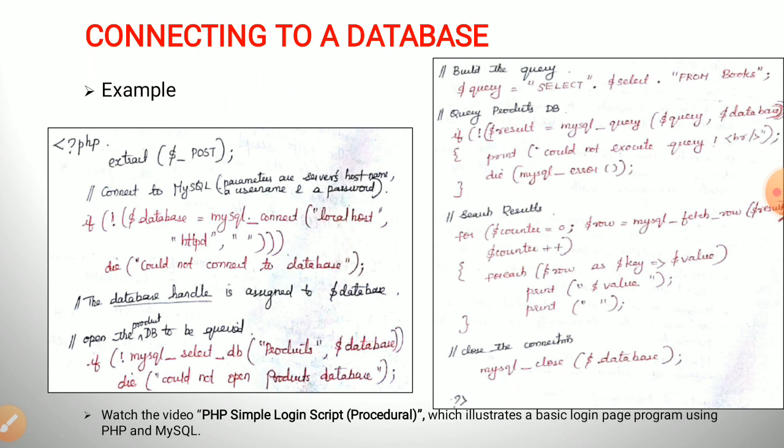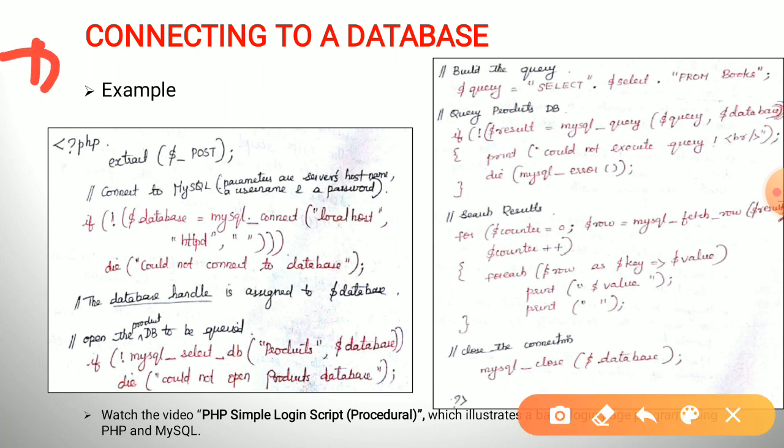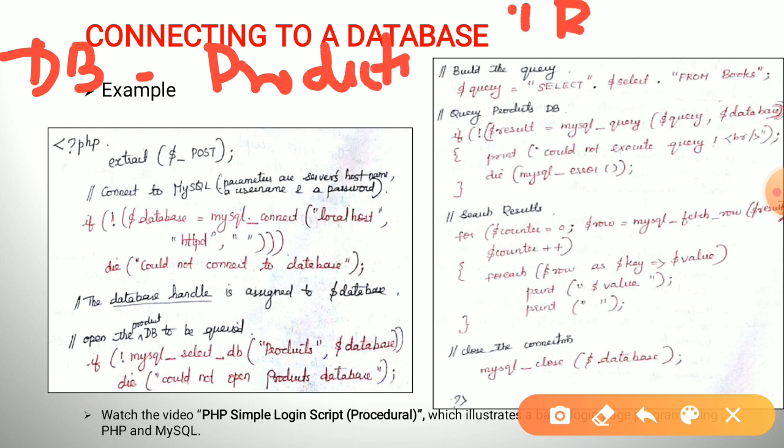Suppose this products database contains a table named books, and this books contains details of books such as id, title, and category. Okay, so 3 fields are the id, title, and category.